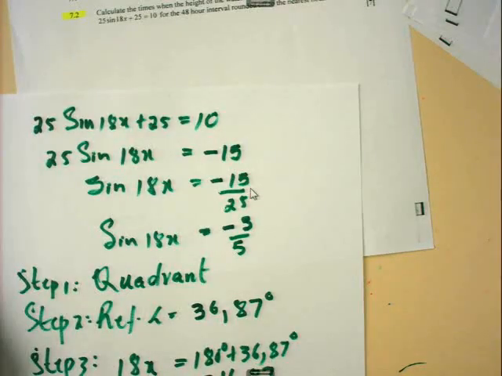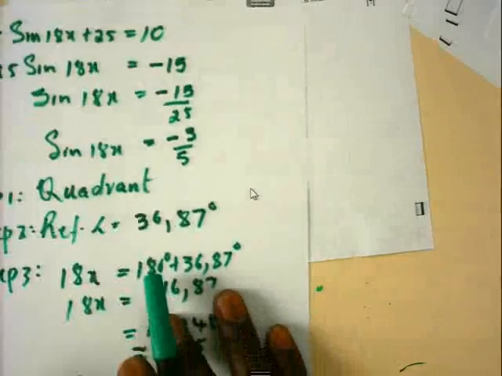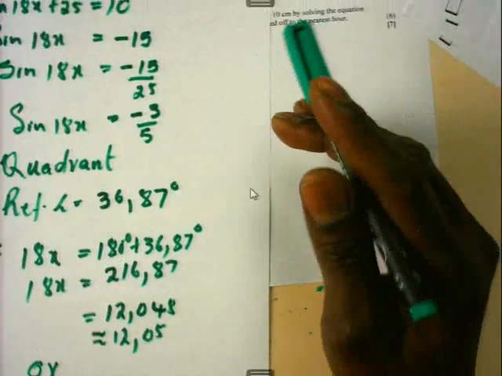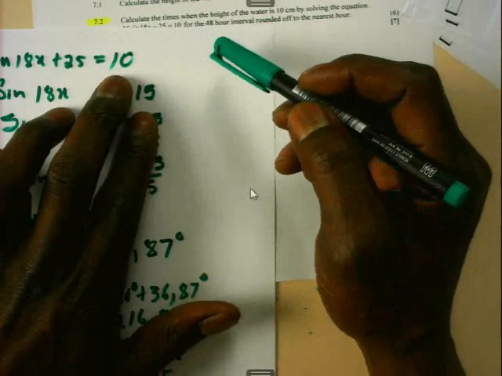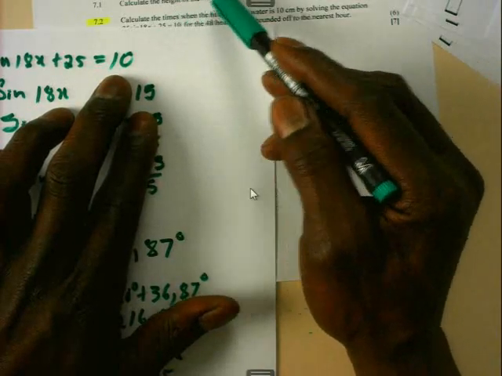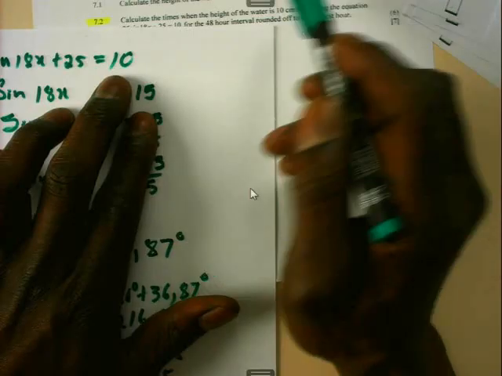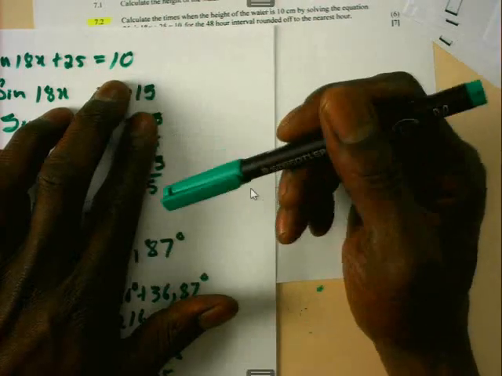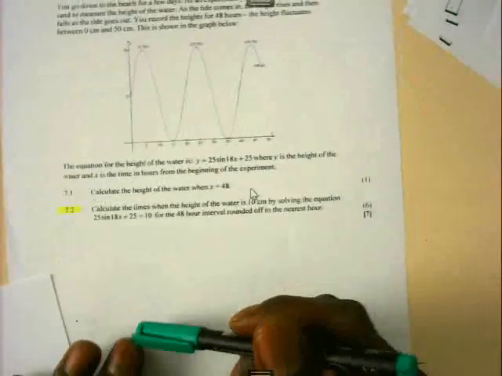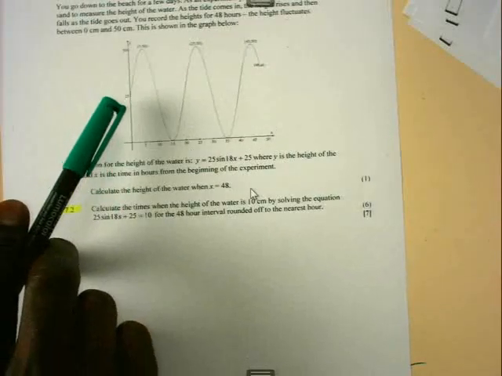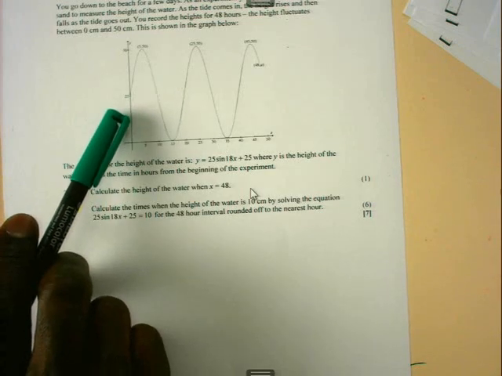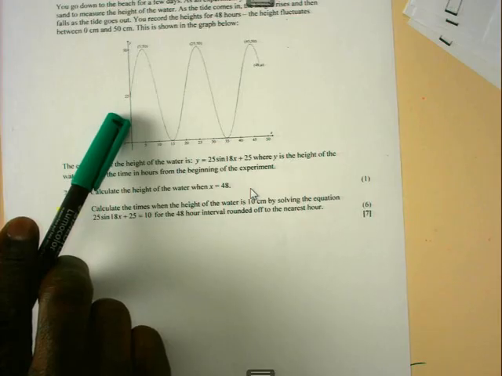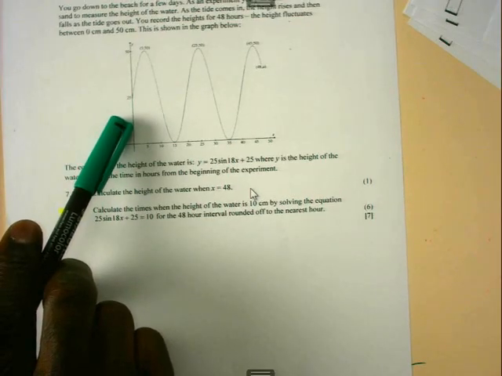Now, let's see if this makes sense. We look at our graph where the y value, which represents the height of the water, is 10. We are just going to estimate. You can see here is 25. The middle of that is going to be 12.5. Just below that is going to be 10.